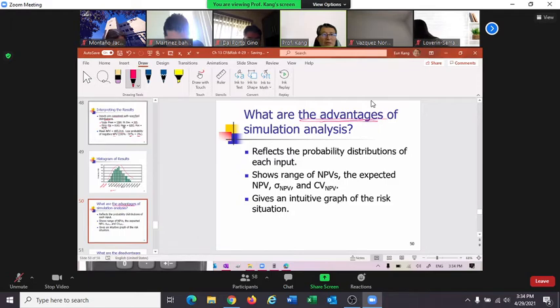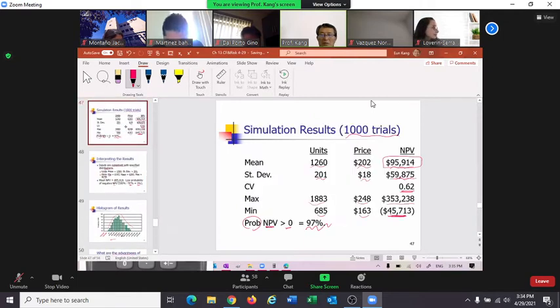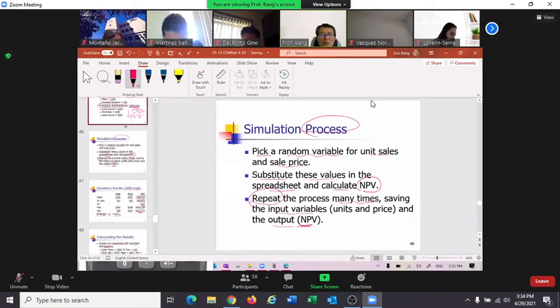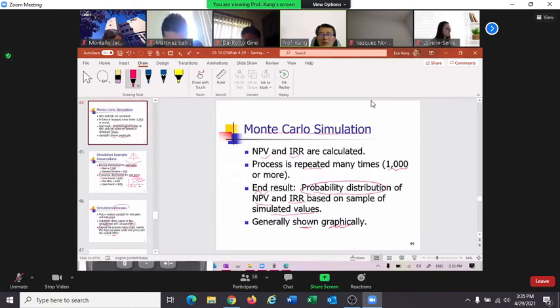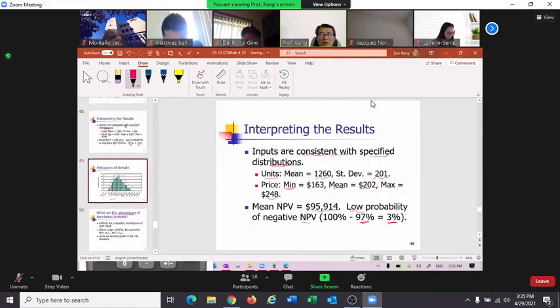But you don't have to memorize this one. Those are just examples. This one is an example. This one is also an example. The simulation process, you just see what's going on, and those are data. You just generally know what's going on.